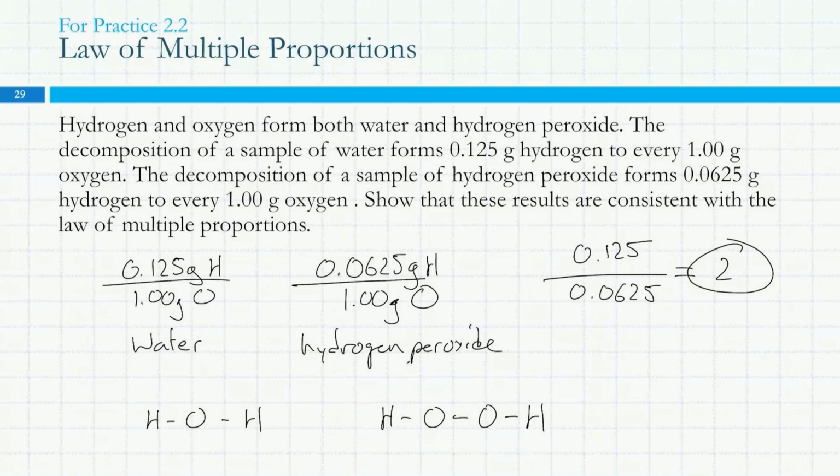And so that's why when we look at the ratio of ratios, it means that there's twice as many hydrogens per oxygen in water.